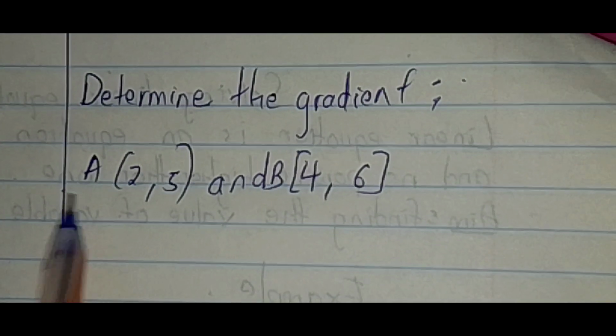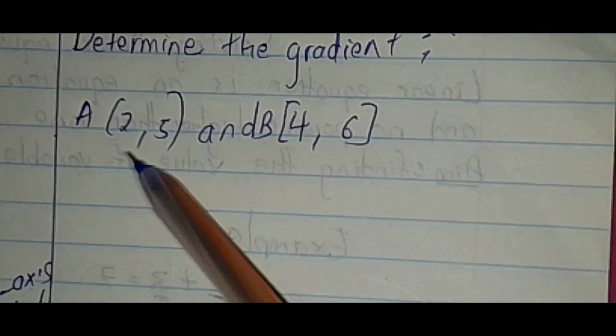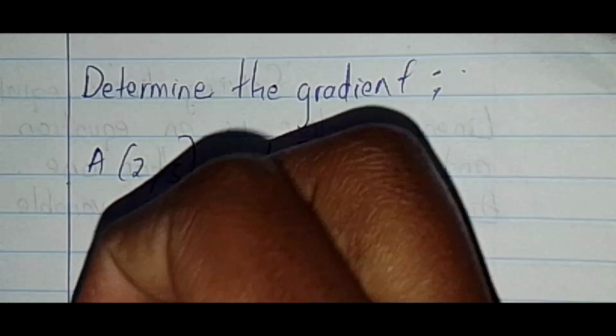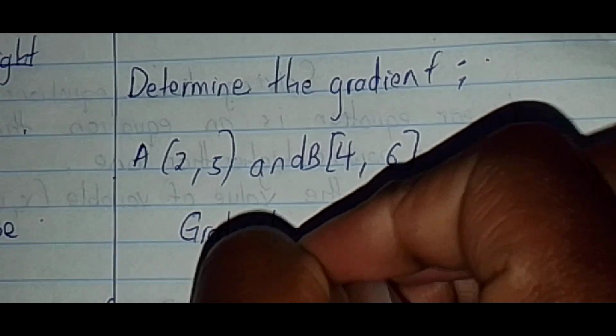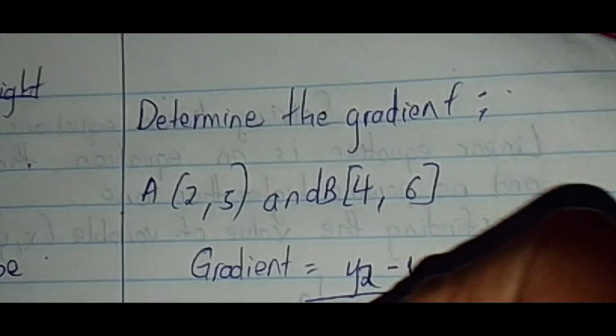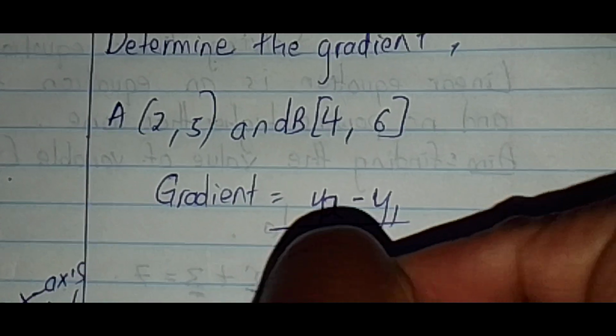Our first line is passing through A(2, 5) and B(4, 6). So for our gradient, remember it is y2 minus y1 over x2 minus x1.